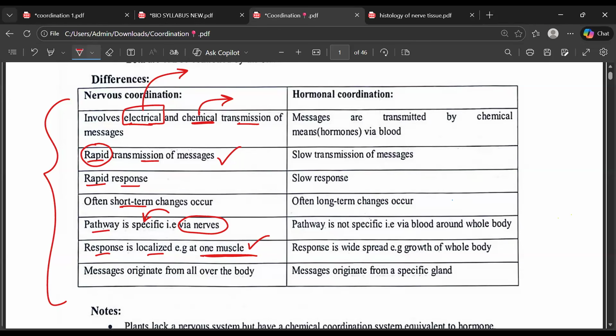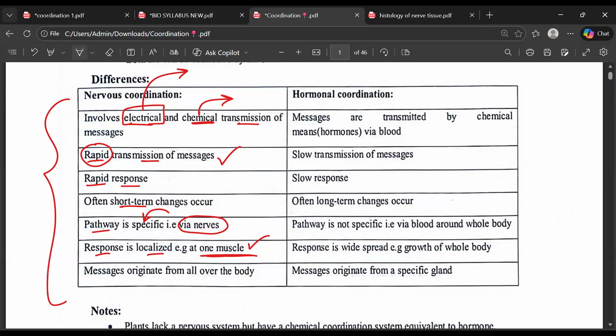You get it? I think you understand what they mean by one muscle. So if you're supposed to run, don't expect them to trigger muscles of the neck.